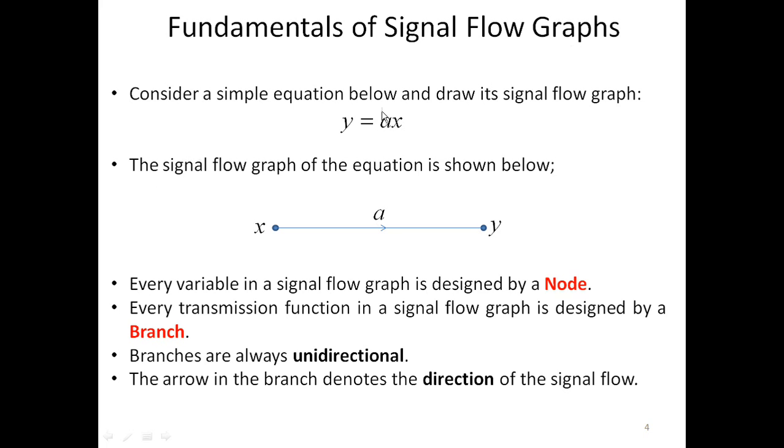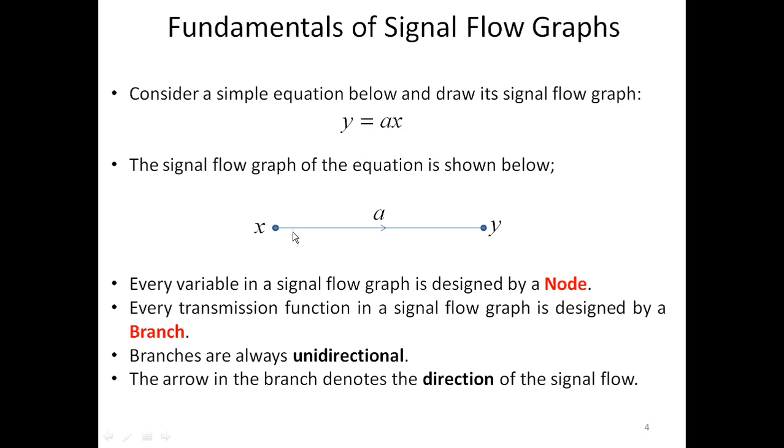Consider a simple equation, that is y is equal to a x, and we have to draw its signal flow graph. Here x and y are two variables, and a is the coefficient, or we can say gain.